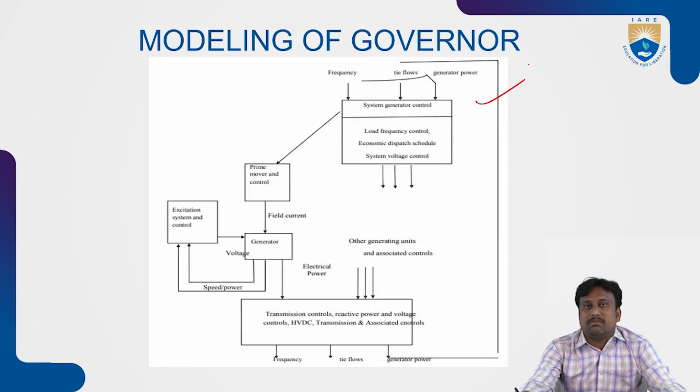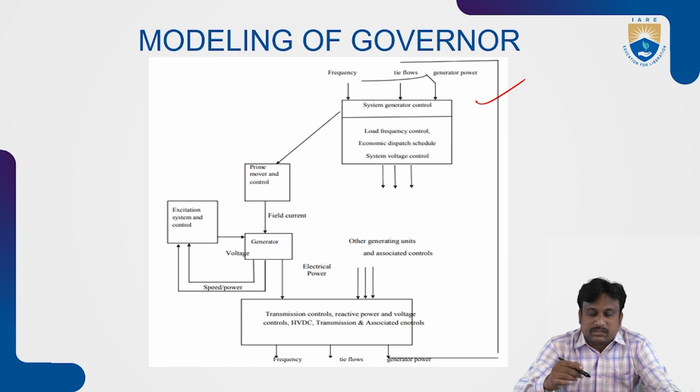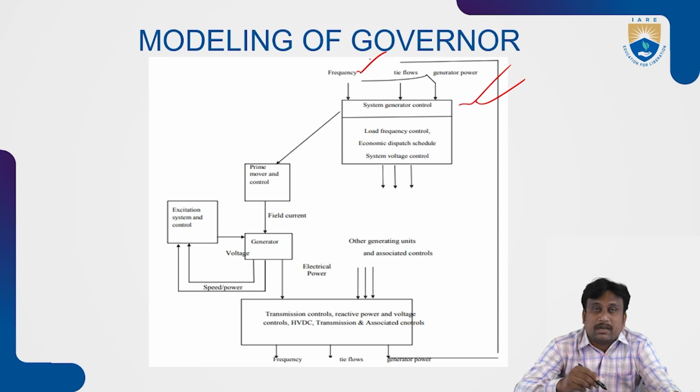This is a simple scheme showing how power system operation control takes place. Initially, it is operated to obtain the system generated voltage at a desirable frequency with tie line flows that should take place to generate power.